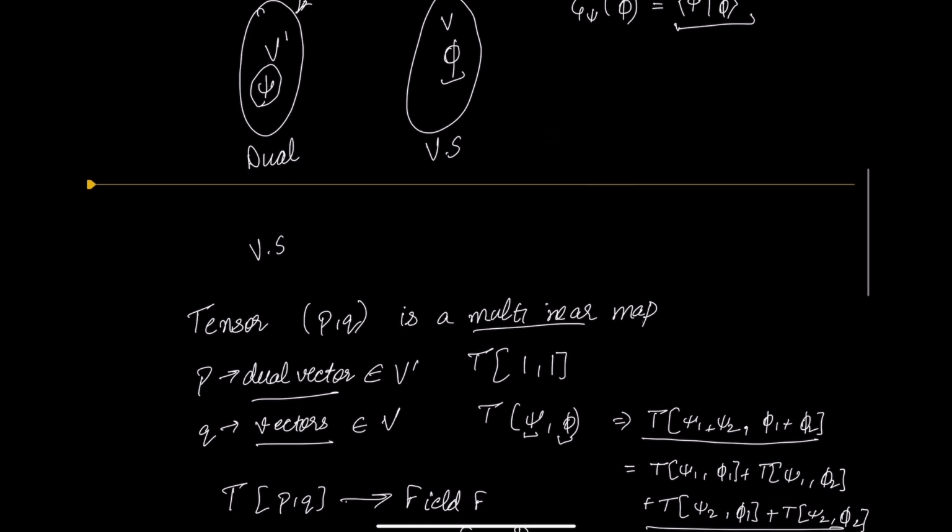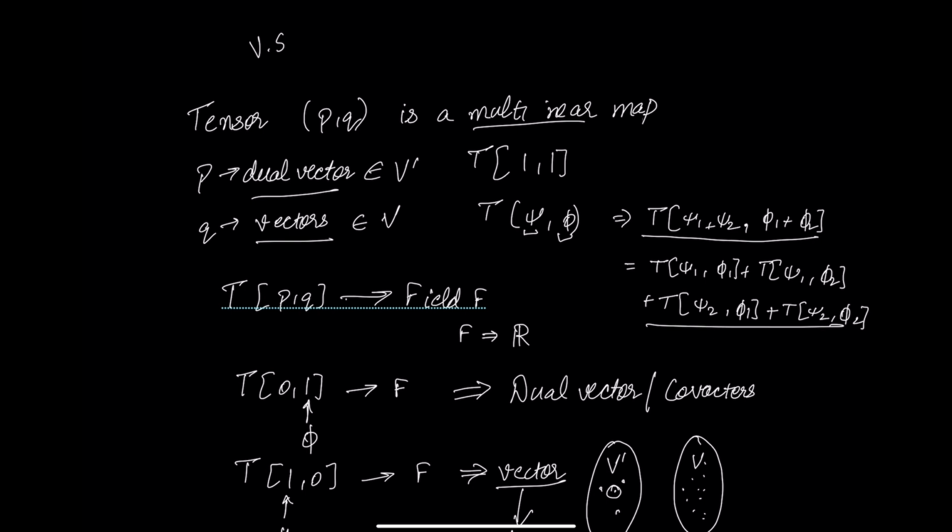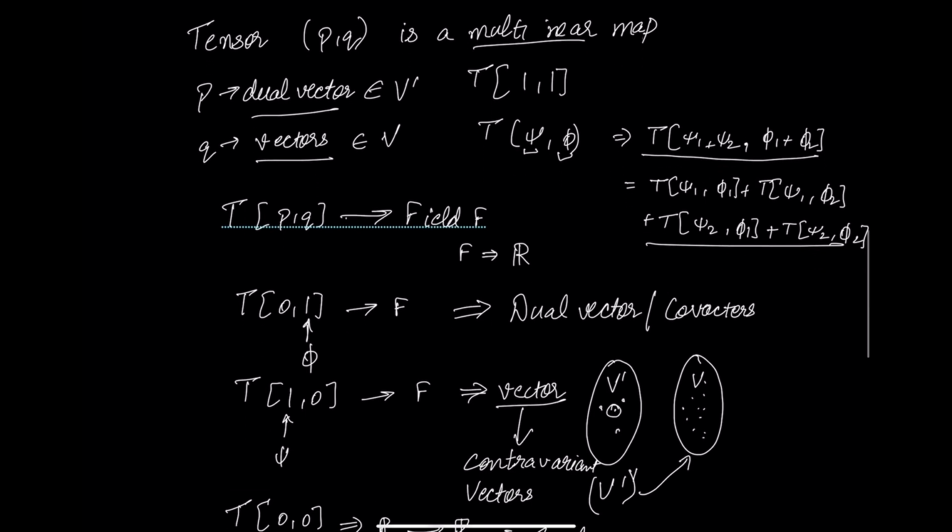Now I would ask you, what is a tensor? A tensor is just a multilinear map. What do I mean by multilinear? Let's say I take a tensor; it must be linear in all of its arguments.